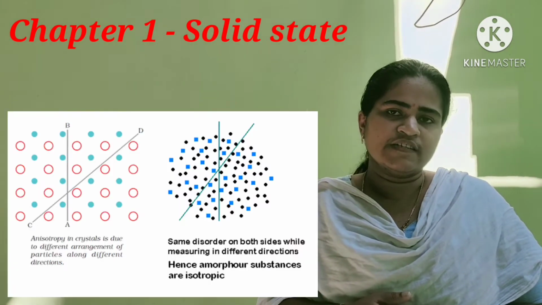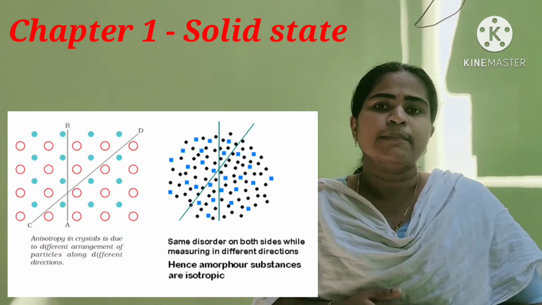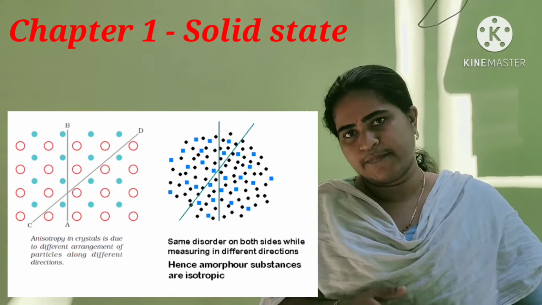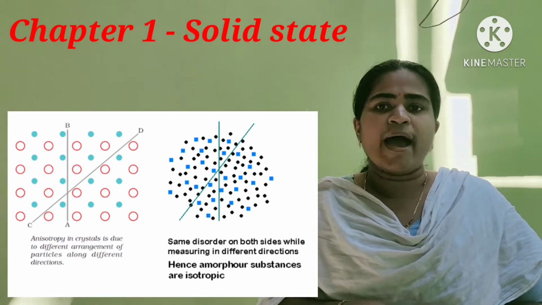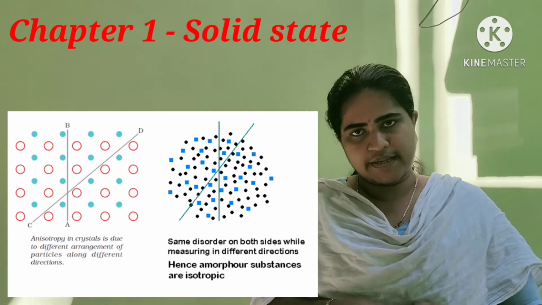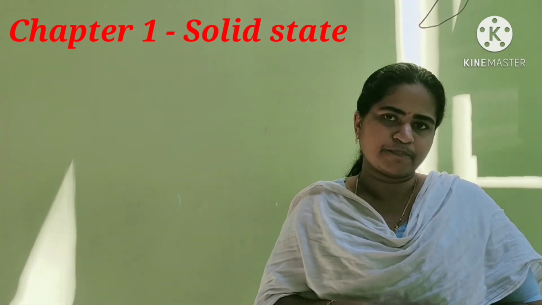Crystalline solids, their properties are anisotropic. That means the properties differ in different directions. Example, refractive index. In the case of amorphous solids, their properties are isotropic. That means the properties are the same in all directions.